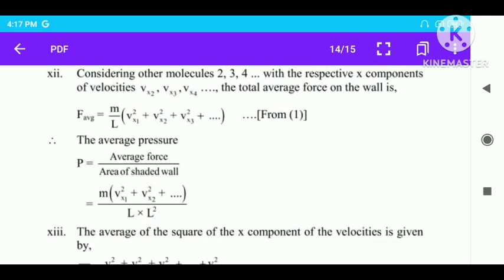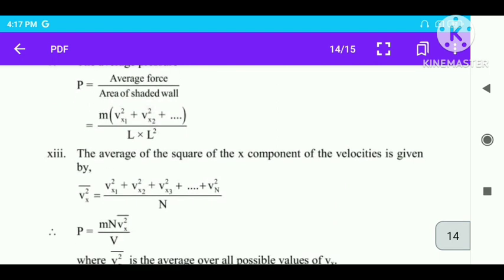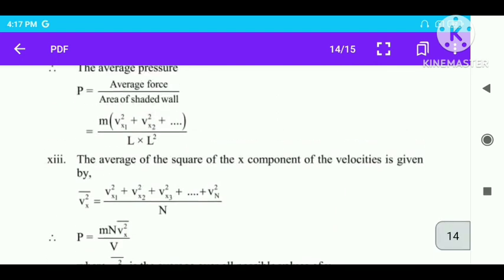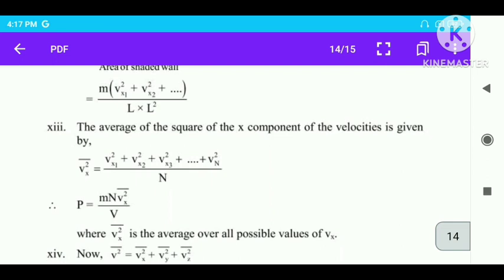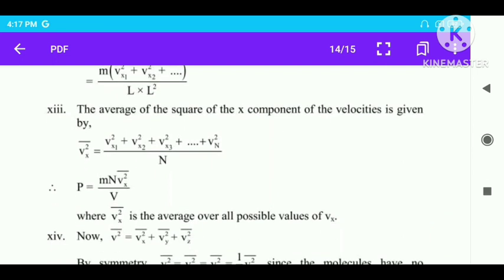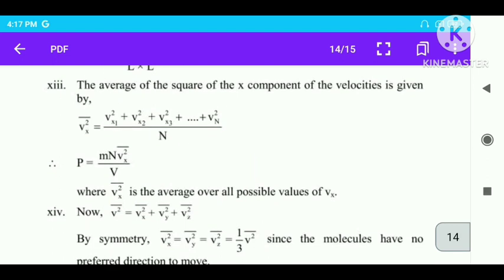Here, the average pressure P is equal to average force divided by area of the shaded wall. The formula is: m times (Vx1 square plus Vx2 square plus dot dot dot) divided by L1 into L2 square. Thirteenth, the average square of the component of the velocities is given by the formula given below.